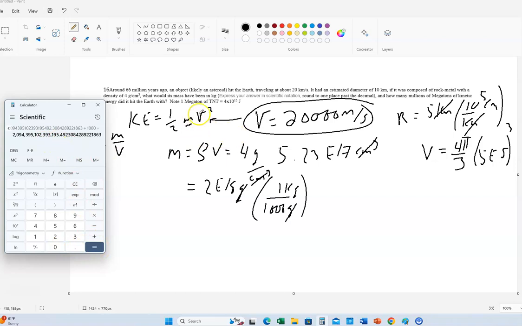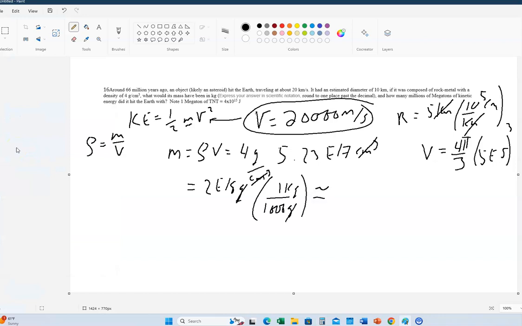So 1, 2, 3, there's 6, there's 12, so 2 times 10, roughly. Approximately 2 times 10 to the 15th kilograms.